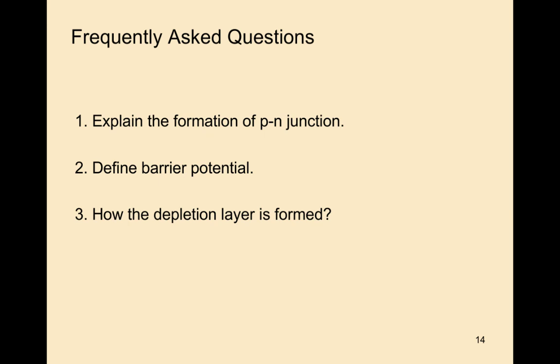By joining p-type and n-type semiconductors, we get a new device called a p-n diode. This is the basic device we can create using semiconductor materials.